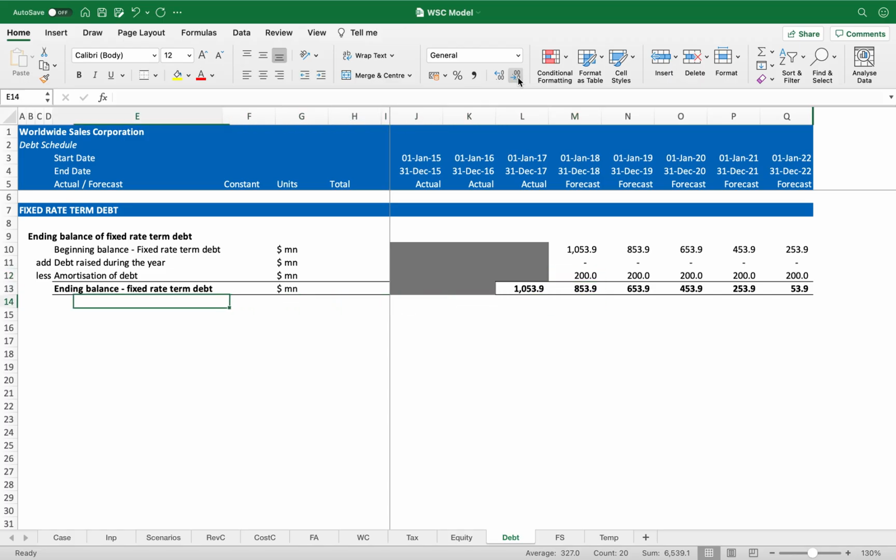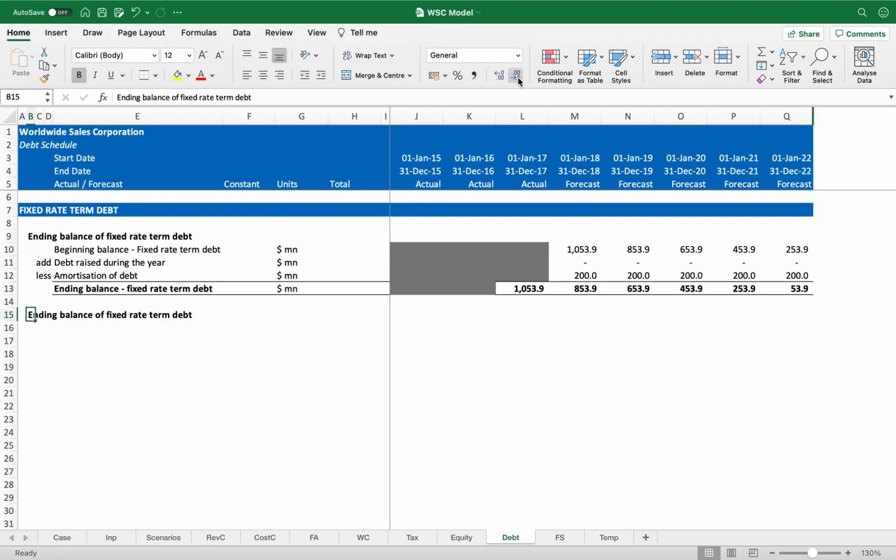This will give you your ending balance of fixed rate term debt. I'll give you some seconds, do this computation. Now, I hope you are with me till this point.